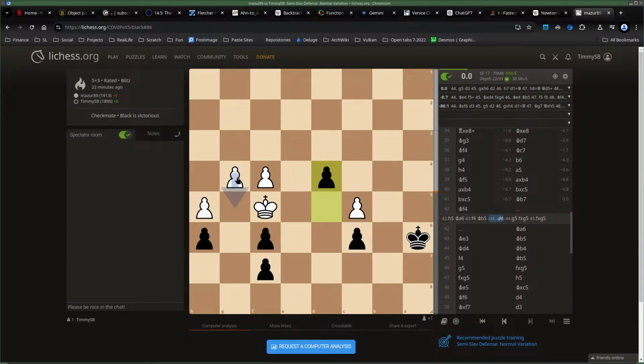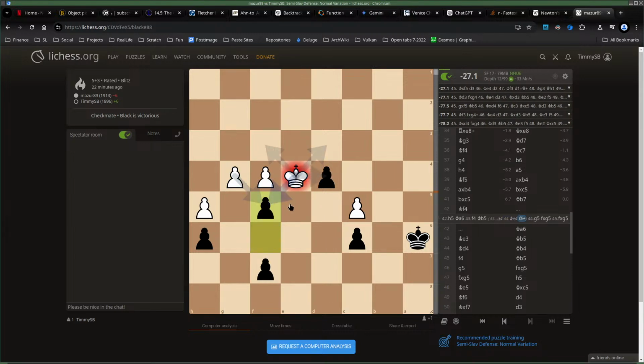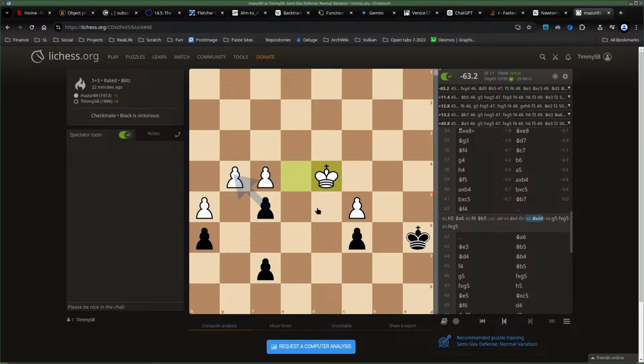What? Now I win? How? Oh, still now I win with this, because these two can't break anymore. Yeah, I don't need this free pawn, of course. I just win this pawn and I have another free pawn.